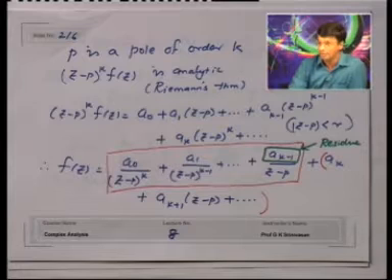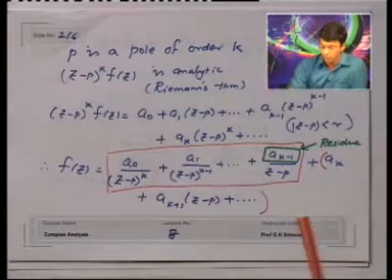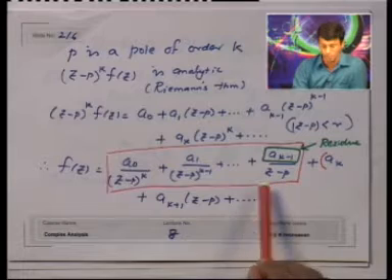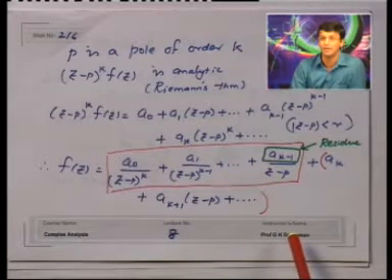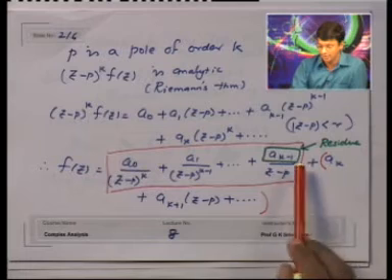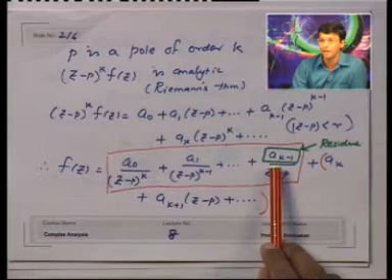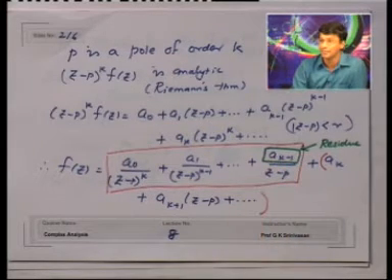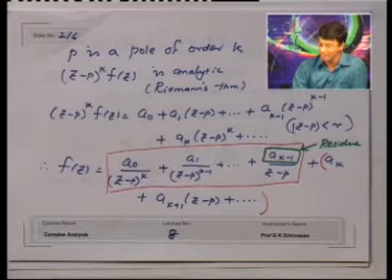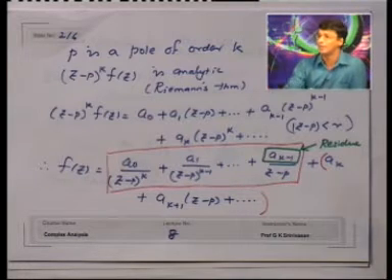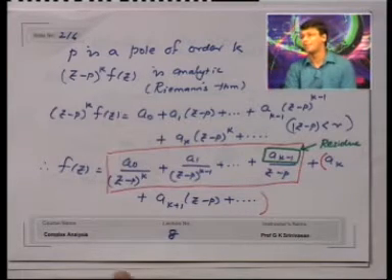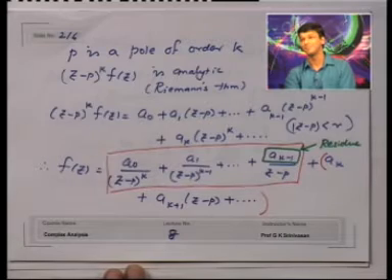Only for dz upon z minus p; this is the only term that is going to contribute. Suppose I integrate the entire expression around a circle with center at p, then this is the only term that is going to survive. You are going to get 2 pi i times a(k minus 1). That is why this is called the residue. That is what remains after you integrate over a circle. Clear?